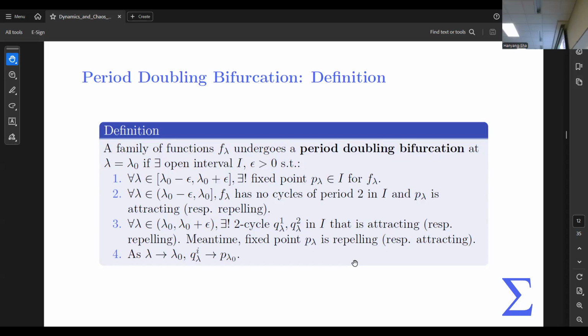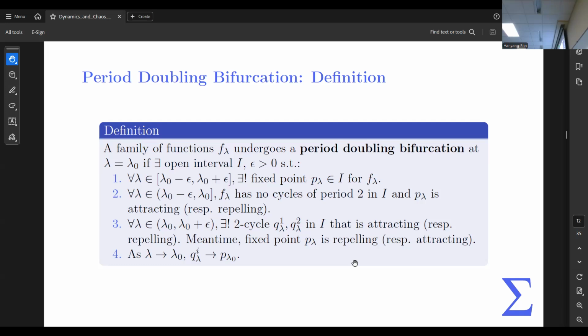What that means is that f squared of x is equal to x, as opposed to f of x equal to x. And there are some other restrictions. Maybe you see that the original one is still a fixed point, but now it's repelling, and you have some uniqueness or whatever. Is this definition clear? What are cycles of period 2?